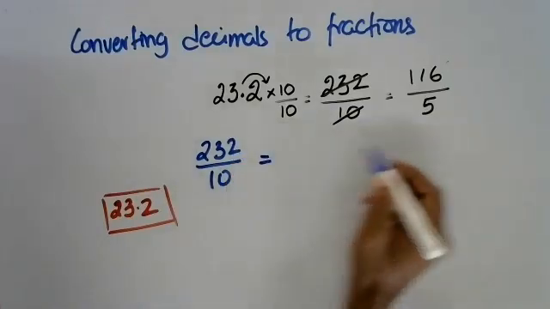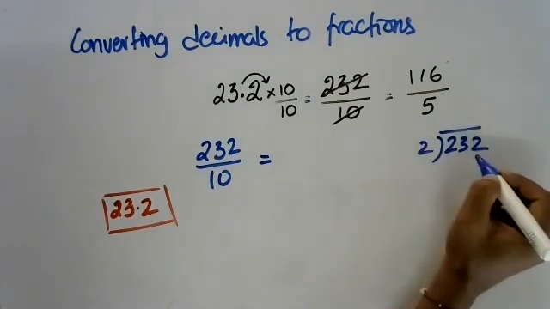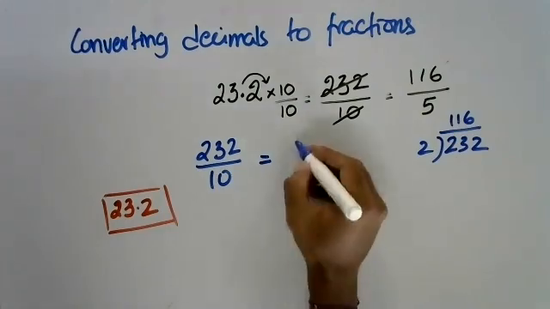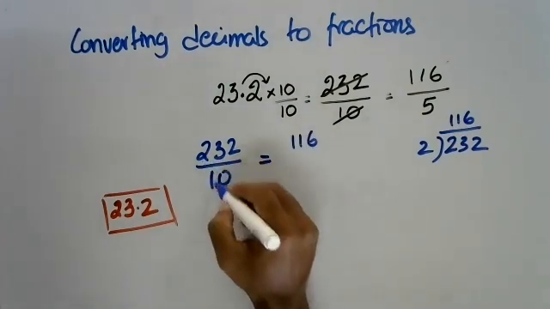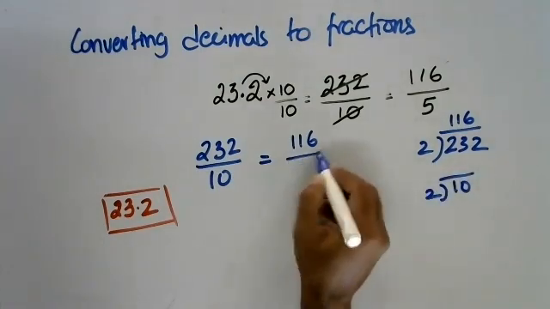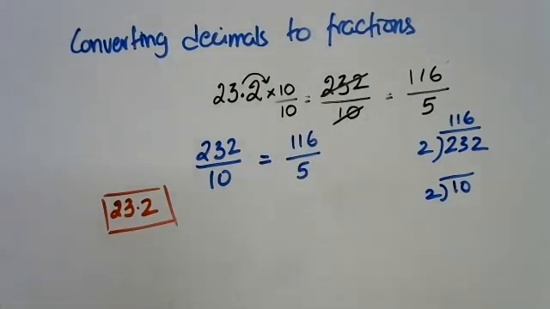So 232 divided by 2 will give you 116, and 10 divided by 2 will give you 5. So now you have it in the simplest equivalent fraction form, that is 116 by 5.